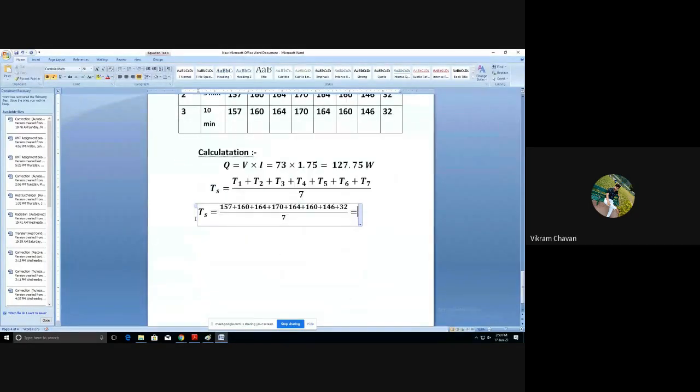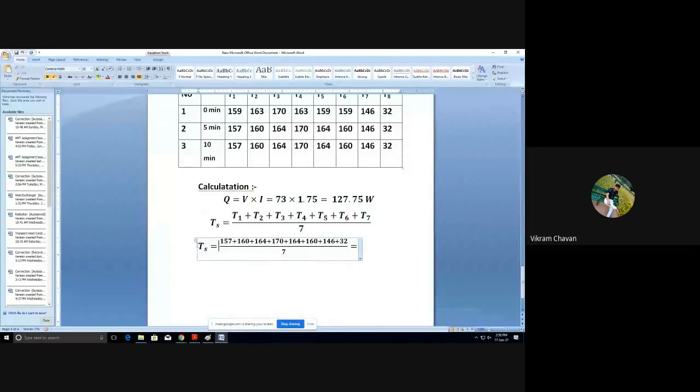Ta is the ambient air temperature, which is equal to 32. So these values are known. Q is known.